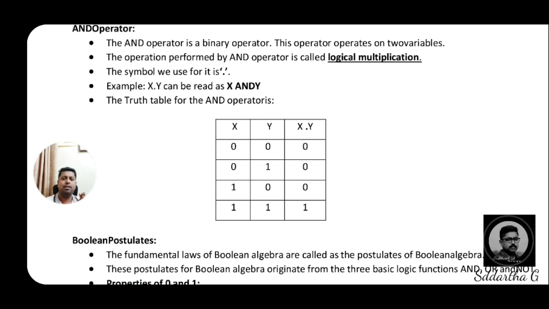These 3 logical operators are also called, as we discussed earlier, basic gates. By using these gates only, we solve the problems. So this is a brief description of the logical AND operator.